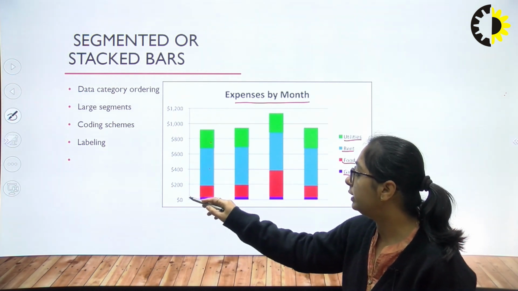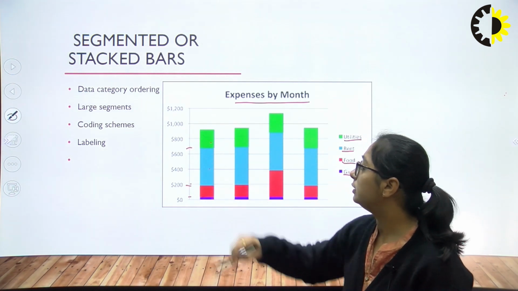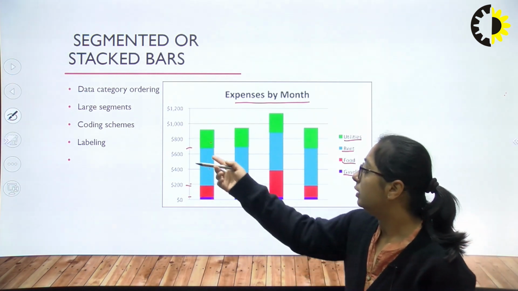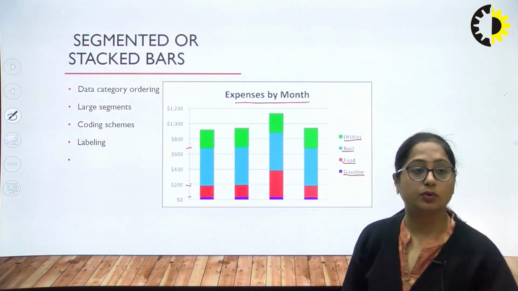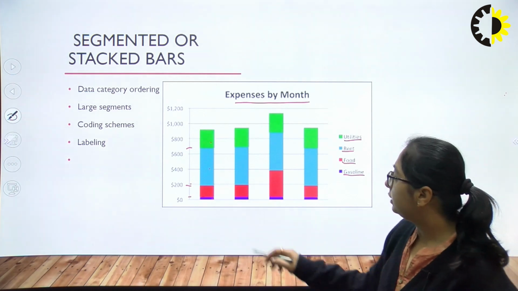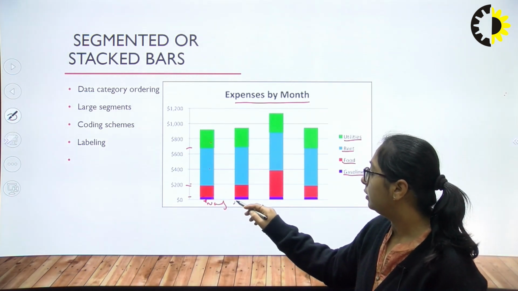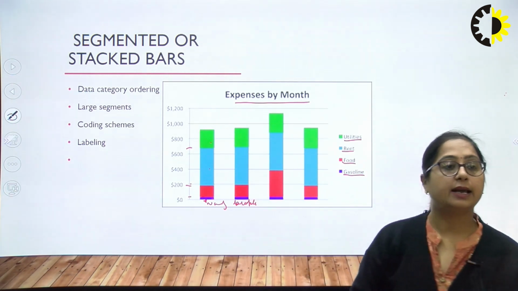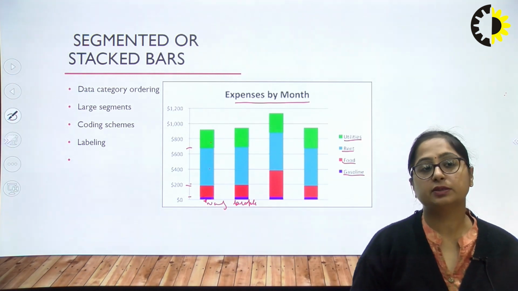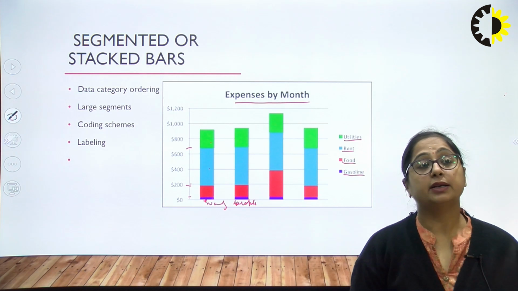This is only 10, that is 190, that is 700, and so on. You can see here the number of people which show that expense. So for that kind of expense, if you find segmented values, you can go for the segmented or stacked graph.